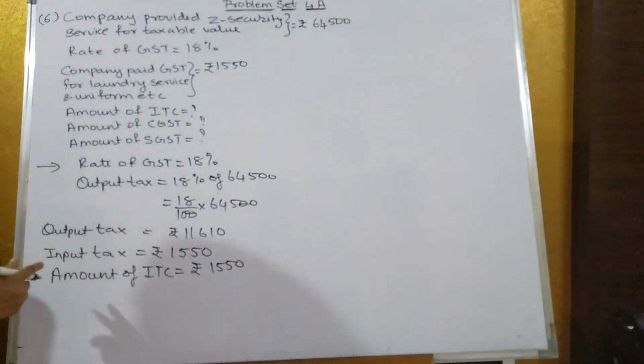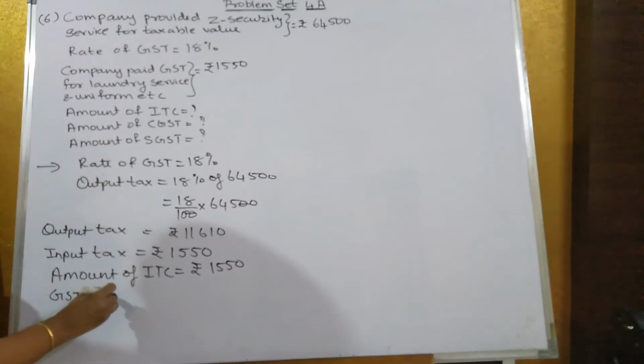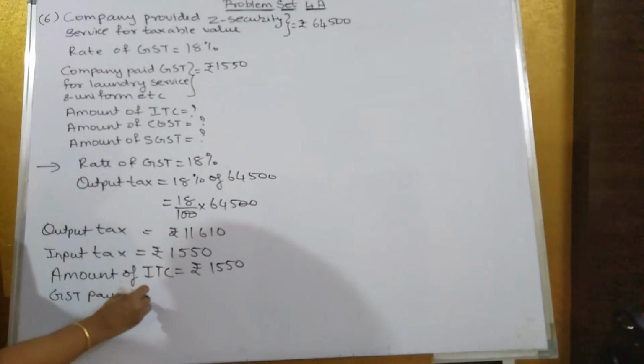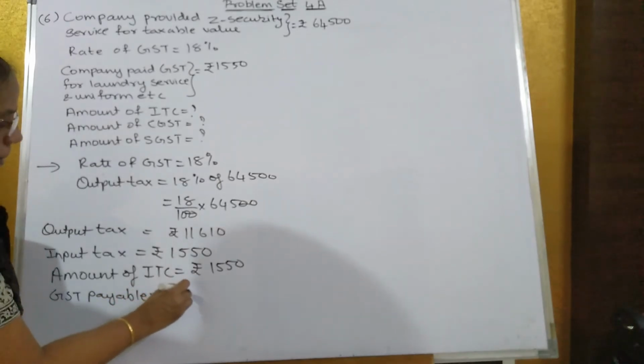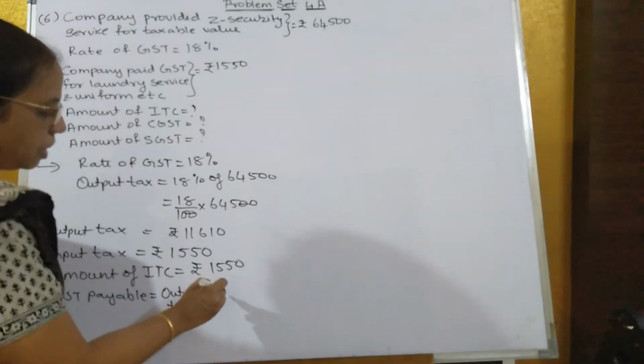Next, now we have to find out GST payable. GST payable is equal to output tax minus input tax.